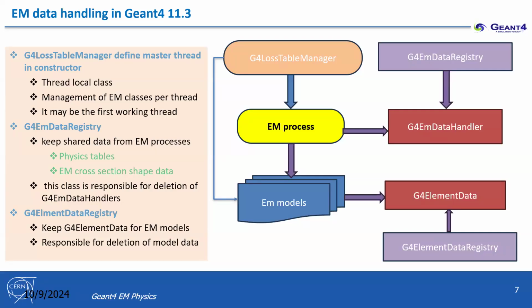In element data registry, usually data correspond to atomic number. In this organization, responsibility for keeping and to control the data are in these two registries, element and EM data registry. These two are also responsible for destruction of data at end of run.